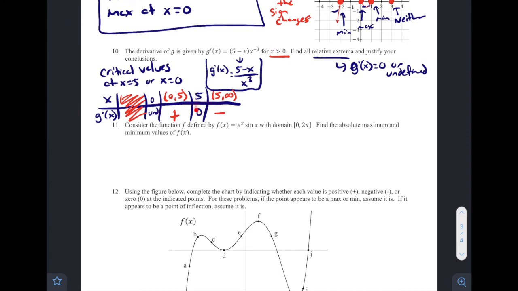The only value that we see here is at 5. So let's write that out. That g has a maximum at x equals 5, since g prime of x changes sign from positive to negative.